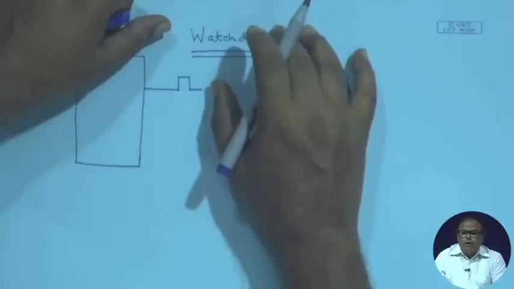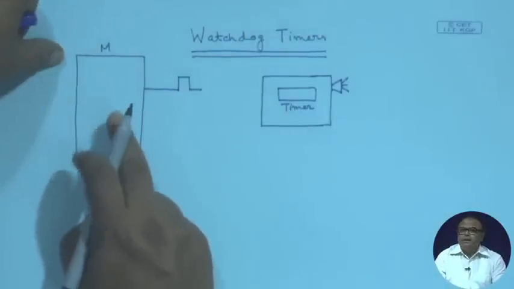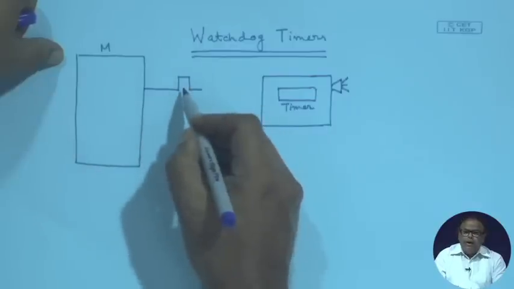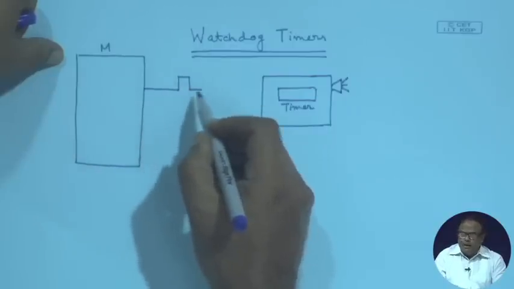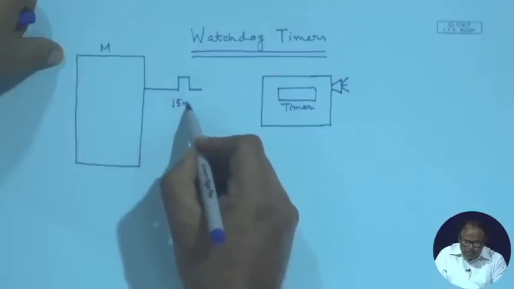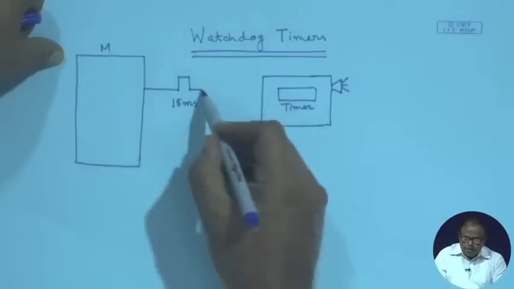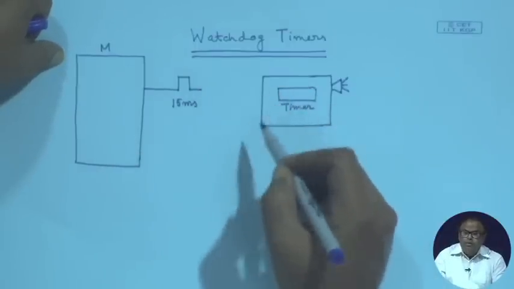Have all of you got the problem? I want to ensure that this is healthy, and the way of knowing whether it is healthy or not is that every 15 milliseconds I must get a pulse from here, right. So, what should this timer be programmed to?